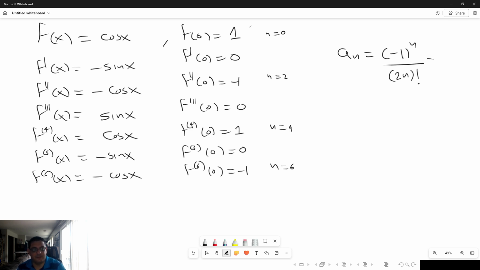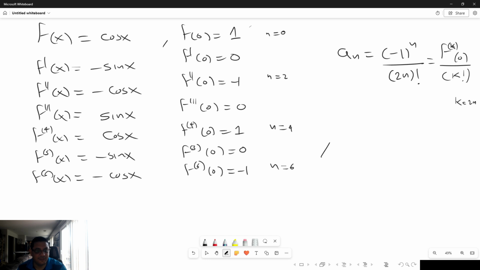Okay, so this is f^(n) at 0 over n factorial, or k factorial. Let me call this with k, so it makes sense. Then I'm changing the index, k factorial, but this k is really 2n, because those are the ones that survive.